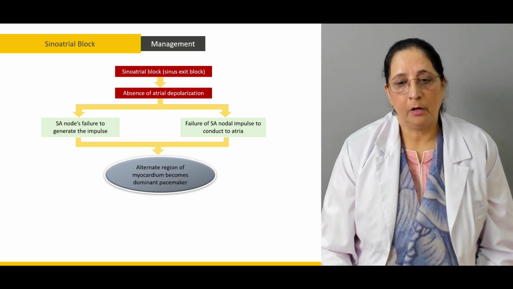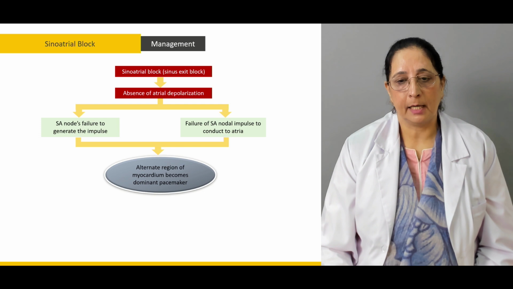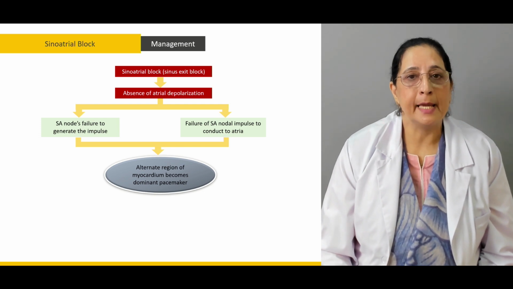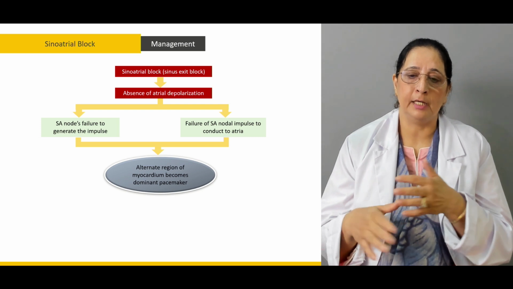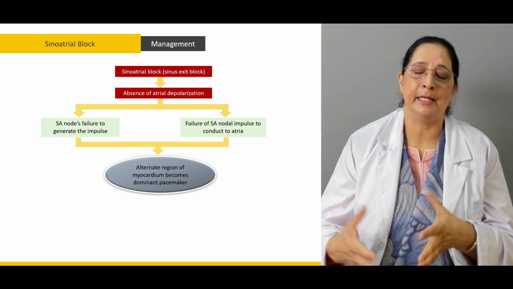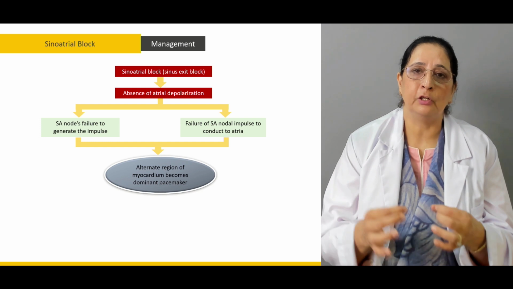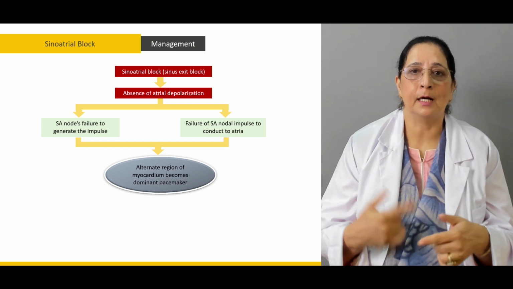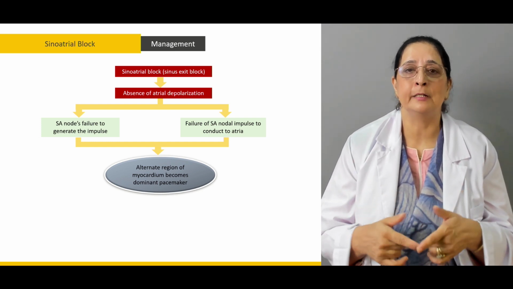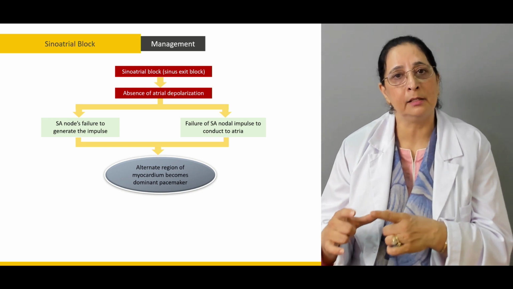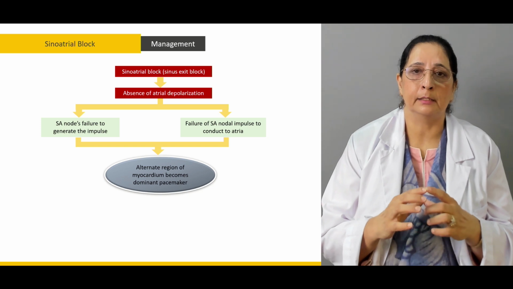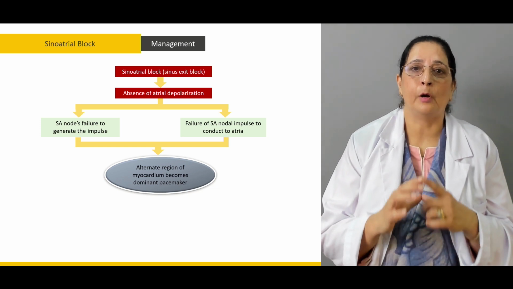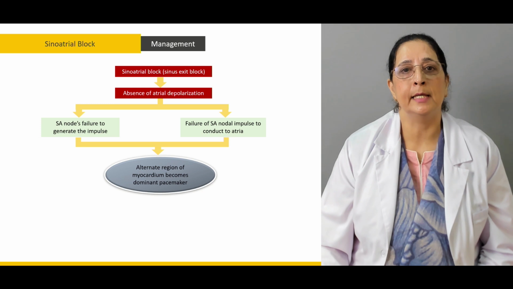Alternate region of myocardium becomes the dominant pacemaker. Now the SA node is not functioning, so some other alternate area, some other portion of the myocardium will start generating the impulse, and that impulse is not the same or the proper impulse generated by the SA node.